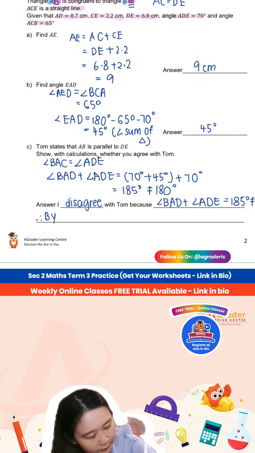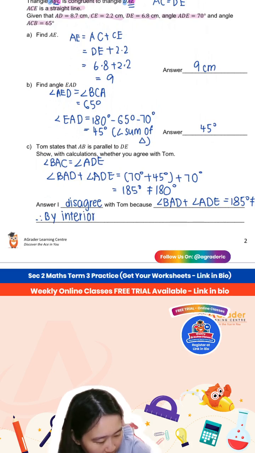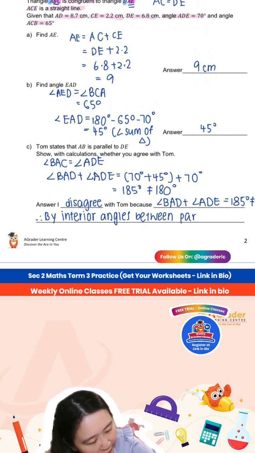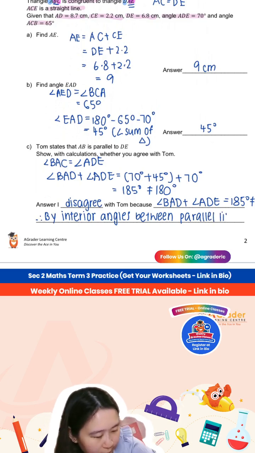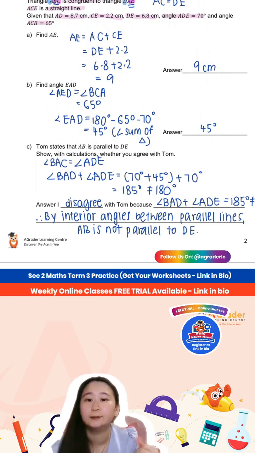Therefore, by interior angles between parallel lines, AB is not parallel to DE.